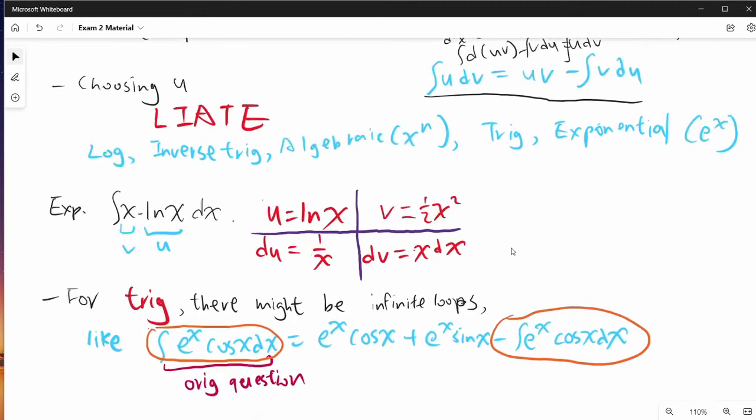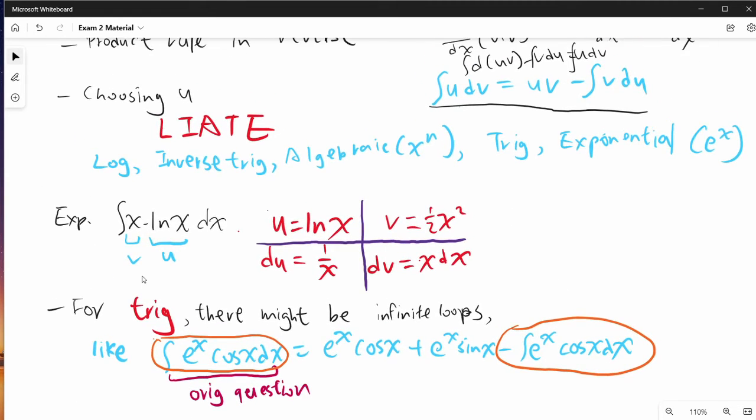So let's go through an example. In this part, we have the integral of, that should be a multiply, not a minus, x times natural log of x, right? For integration by parts, usually there are multiple parts that you can see are different from each other. So here we have natural log and an x. The x is algebraic, and the natural log is a log.